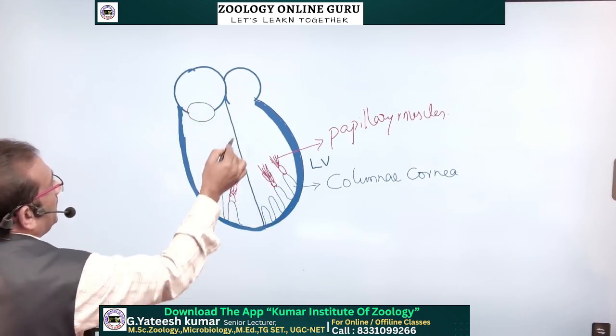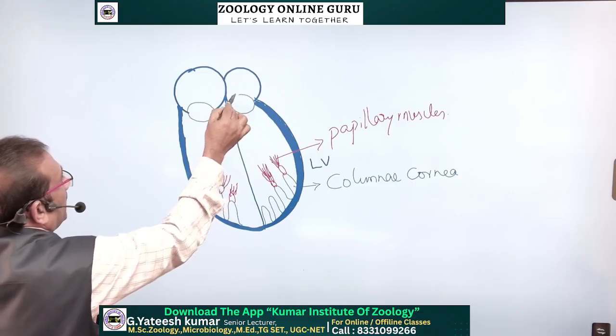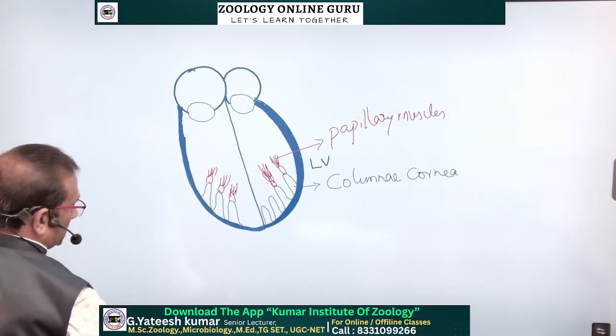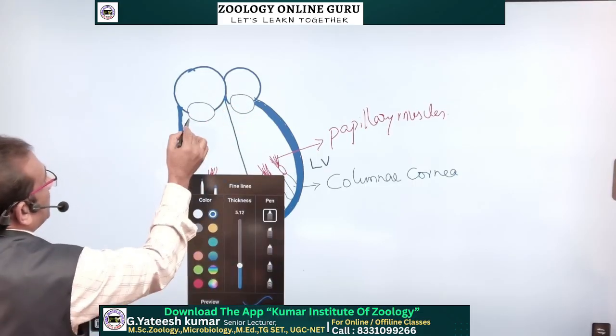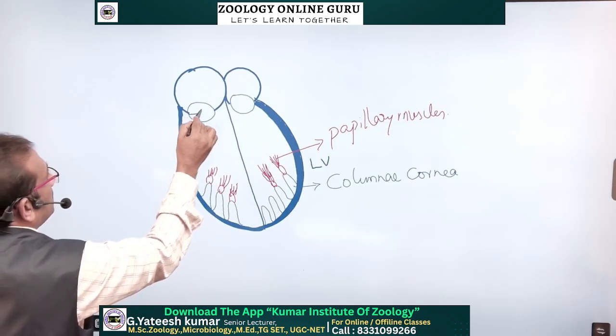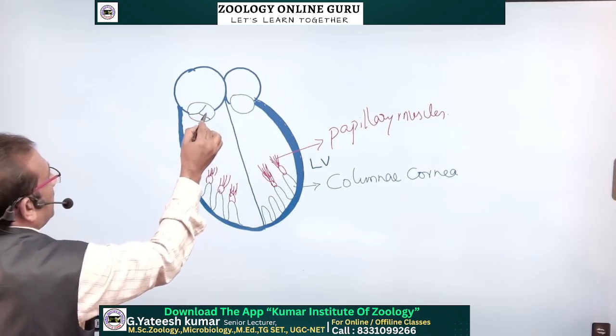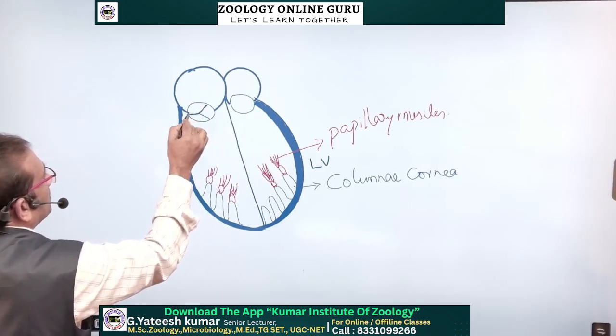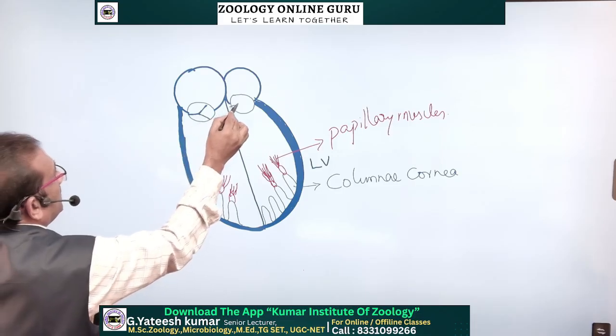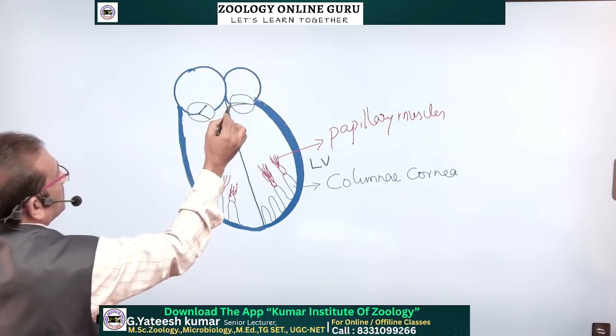And coming to the right atrioventricular aperture and left atrioventricular aperture, there is a tricuspid valve and there is a bicuspid valve.